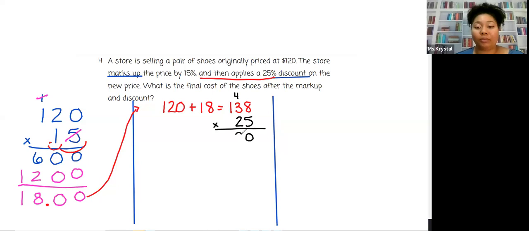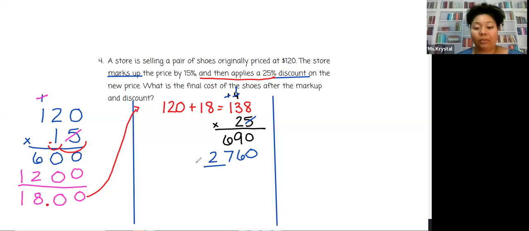Put down the 9, regroup the 1. 5 times 1, 5, 6. And then we're going to zip, zap, 0. I'm going to change my color. Zip the 1 and 4, zap the 5, 0 in the 1's column. 2 times 8 is going to give me 16. Put down the 6, regroup my 1. 2 times 3, 6, 7, and 2 times 1 is 2.